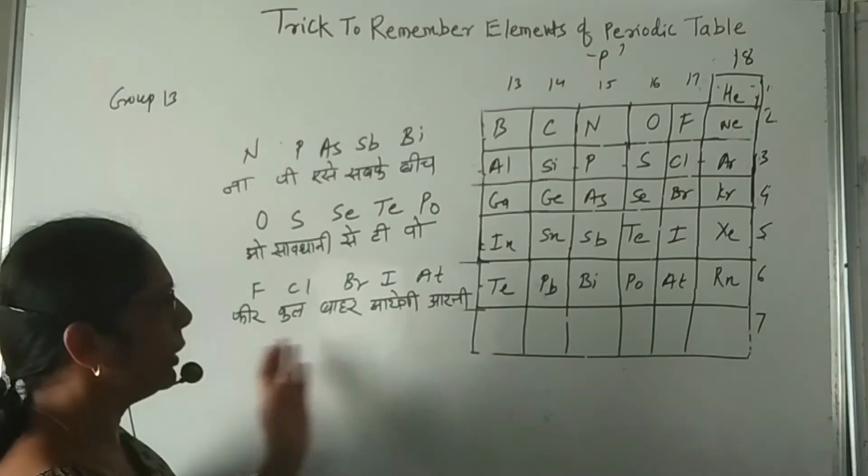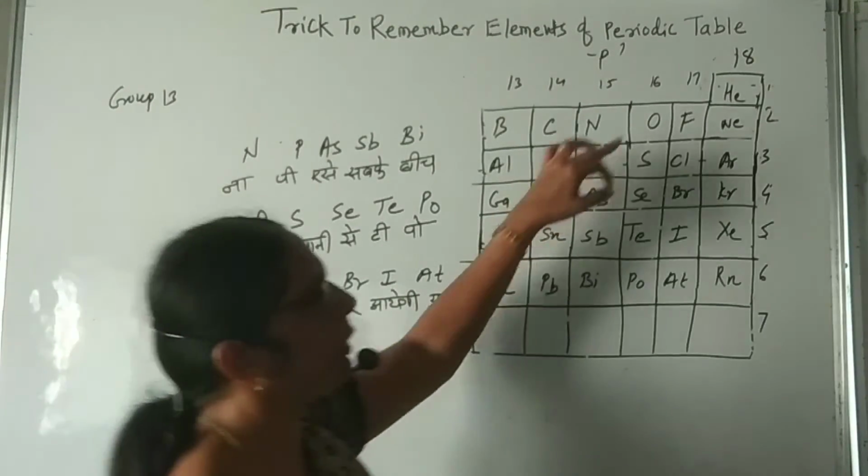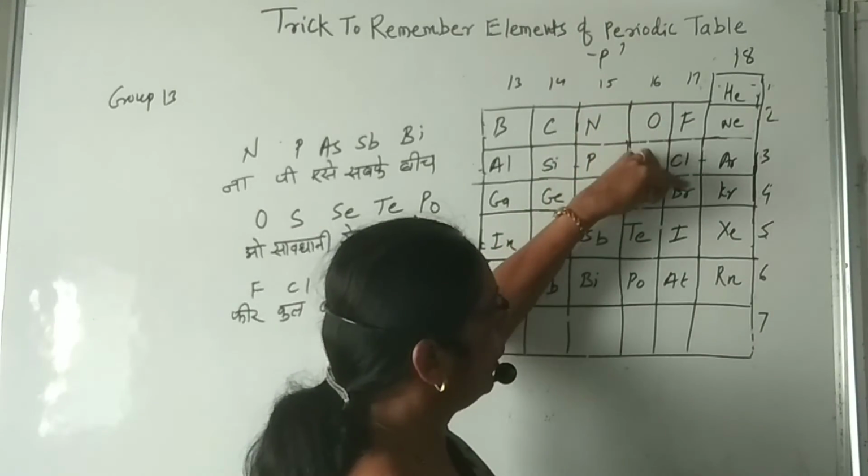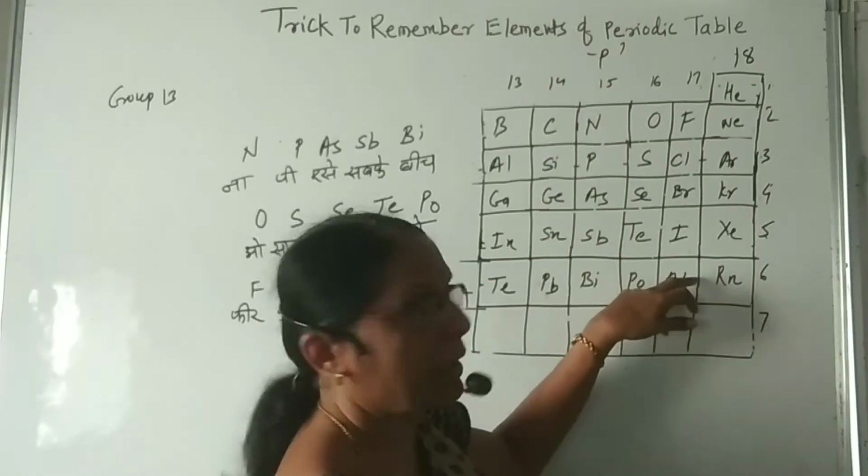If you remember this, it's possible to remember fluorine, chlorine, bromine, iodine and astatine.